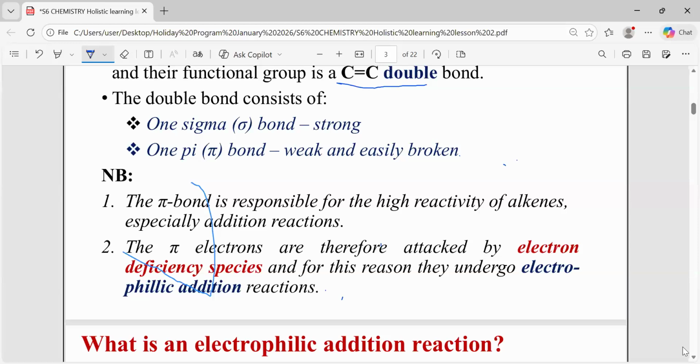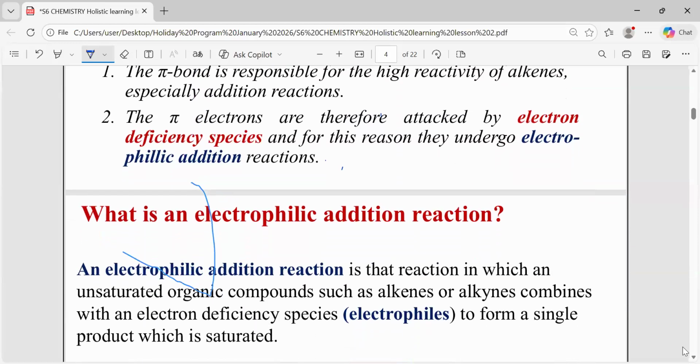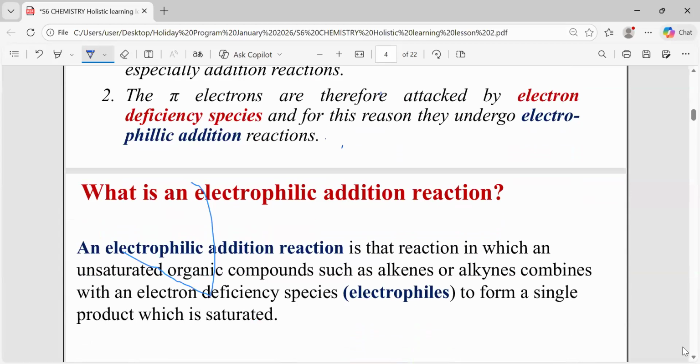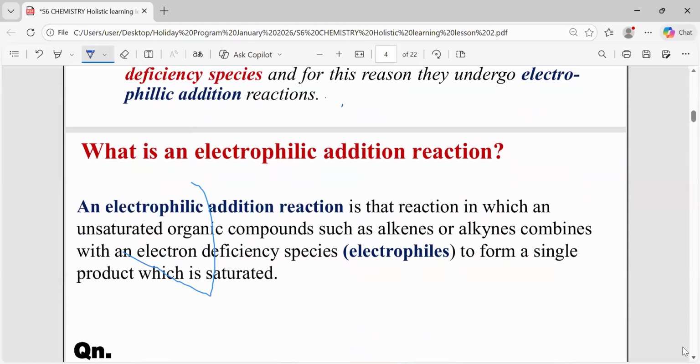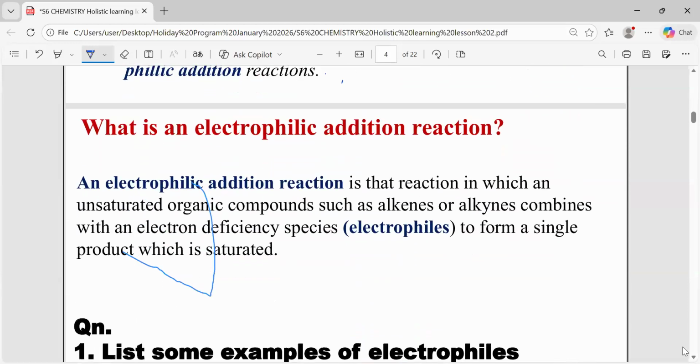Thank you. You can keep your microphone on and read for us this one. An electrophilic addition reaction is that reaction in which an unsaturated organic compound, such as alkenes or alkynes, combines with an electron deficient species, in brackets electrophiles, to form a single product which is saturated.